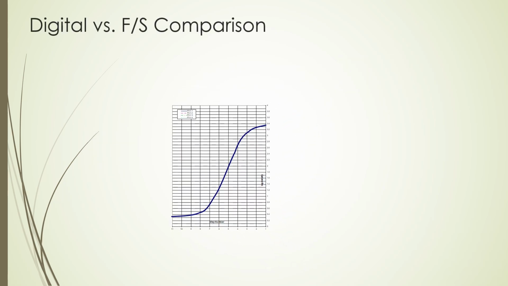To make our comparison, the first thing we must do is shrink the graph paper, because digital plates can record a much larger range of radiation intensities compared to film screen systems. Additionally, due to image post-processing and correction, this curve can produce an acceptable image over a wider range of technical factors. The hypothetical H&D curve looks something like this.